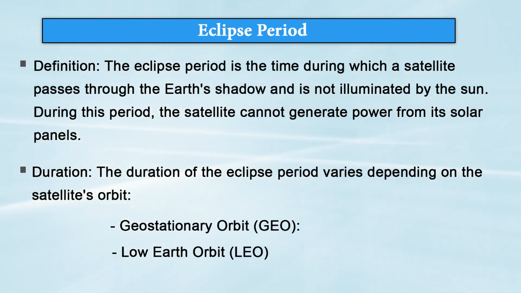Now, this eclipse duration for geostationary satellites is 70 minutes per day, and for low earth orbit LEO satellites it is 30 to 40 minutes. Now, this eclipse period is very crucial, because in case of rechargeable batteries, the minimum charge should not go below the threshold value. So, when the batteries are selected or mounted, this care has to be taken.